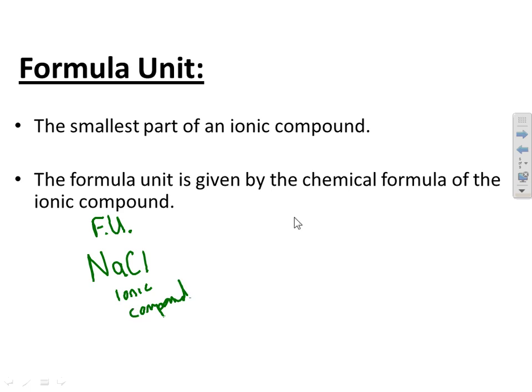And if we have something that is not ionic, like molecular, we call it a molecule, all right? A molecule, an example of a molecule would be water, H2O, all right, because it's all nonmetals. And we're going to see that when we draw molecules, we're going to have lines in between them for the water molecule to draw this.